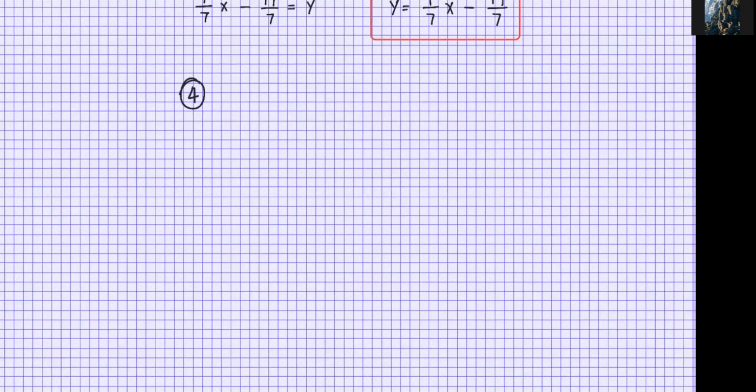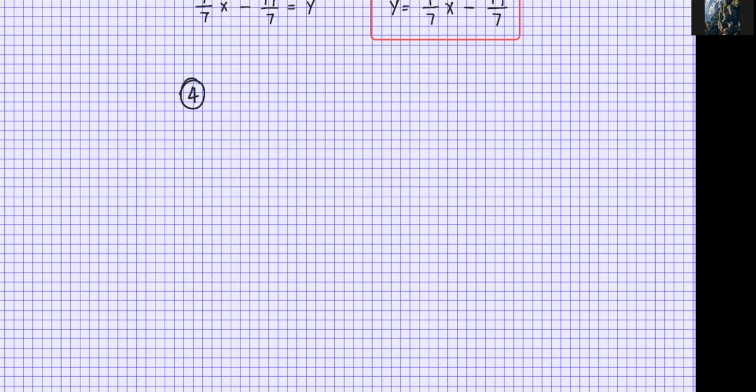Example number 4. In these examples, we will be given an equation and a point through which the line passes. And we will have to find the slope-intercept form for the line described.